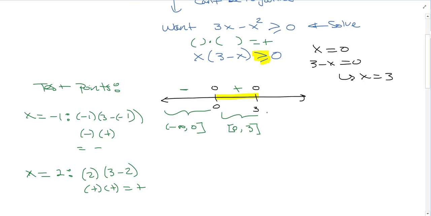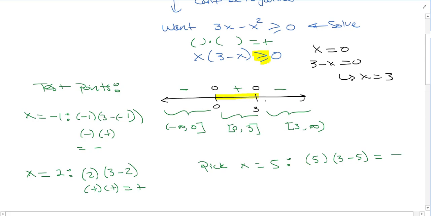And now something in the last interval, this is the interval 3 to infinity. Pick a test point in there. We can pick x equals 5, for example. Then you're going to have x, which is 5, times 3 minus x, 3 minus 5. And you can already see 5 times a -2 is going to give us a negative, which we don't want.